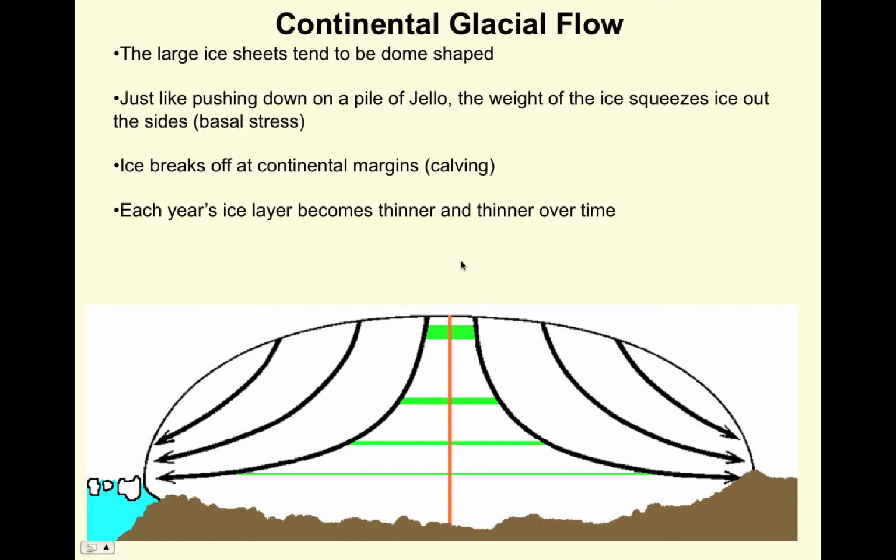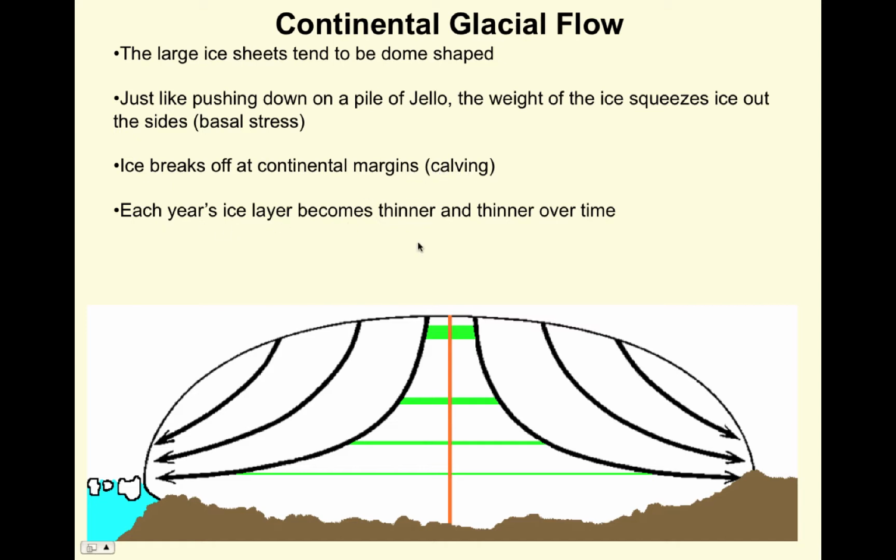So effectively, gravity's force is pushing straight down, but at the same time, this translates into higher gravitational effects where the ice is highest, less where the ice is thinner, and so there's a net movement towards the sides in what's called basal stress. The ice eventually will break off at the continental margins in what's called a calving event.